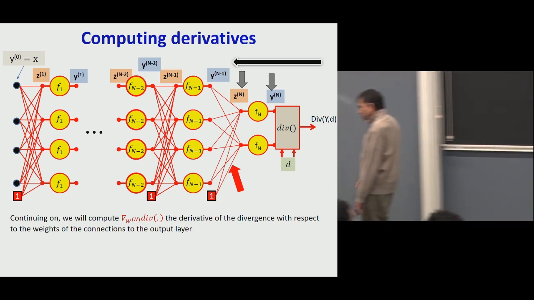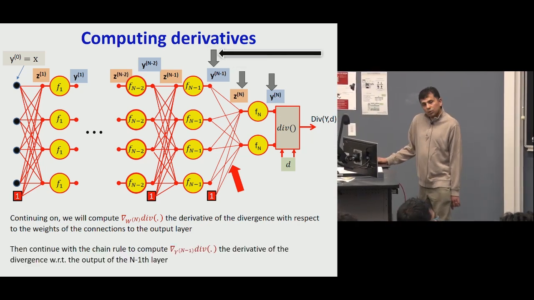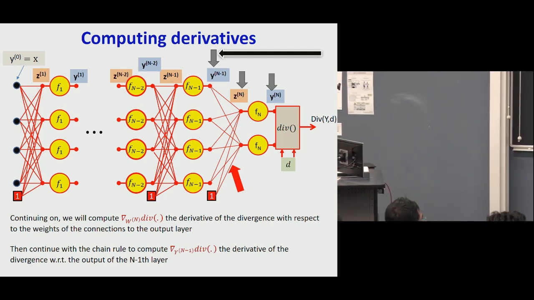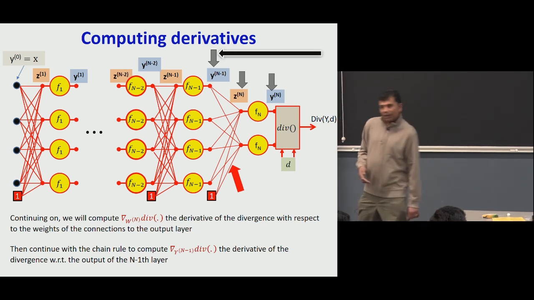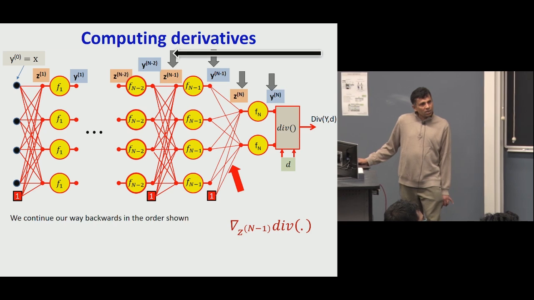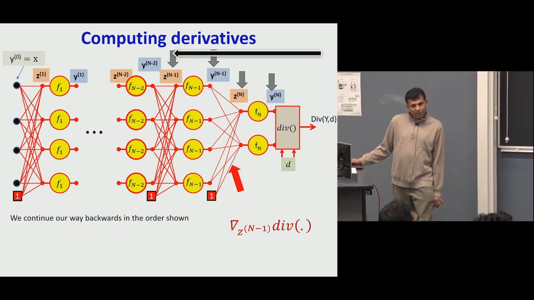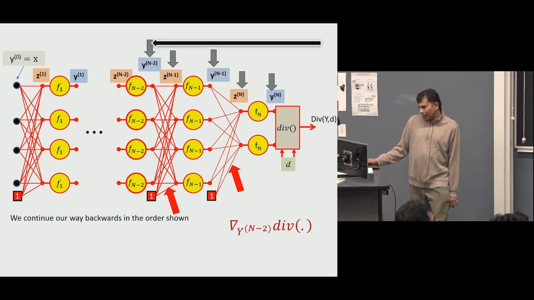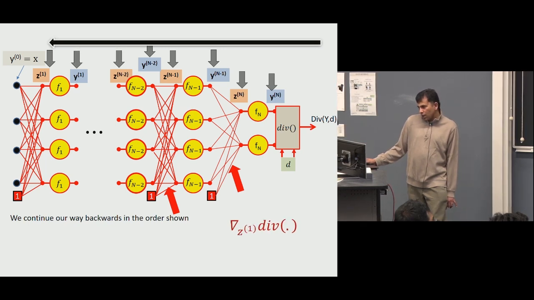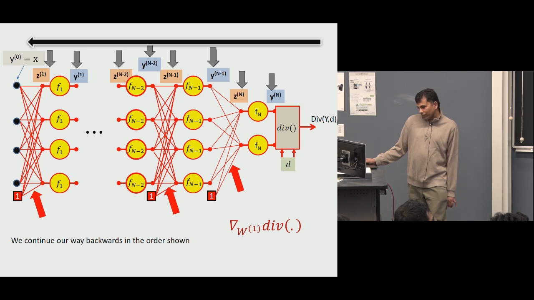Then you take a step further back, and you compute the derivative of the divergence with respect to the outputs of the penultimate layer. And then you would take a step back and compute the derivative with respect to the affine combination that goes into the penultimate layer, and then the weights for that layer, and then the output of the layer before that, and so on, until you go all the way to the input.